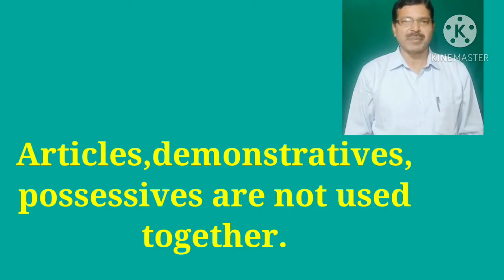Okay. Another fact about determiners is that some classes of determiners are not used side by side. In other words, they do not go together. For example, articles, demonstratives and possessives are not put together.